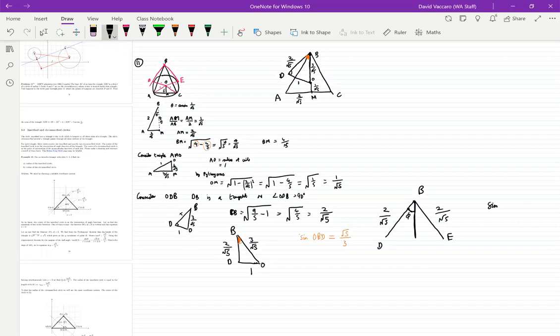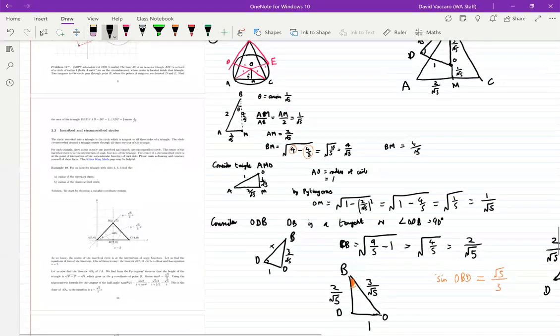I've got that sine phi is root 5 over 3. Because it just carries on down to O, where O is the center of the circle, but I'm just stopping at the point where I make the triangle OBD.